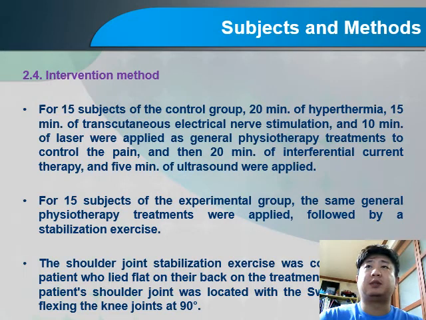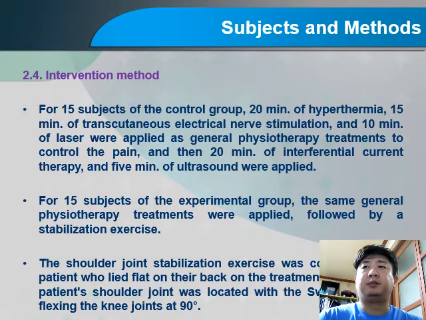Intervention method. For the 15 subjects of the control group, 20 minutes of hot pack, 15 minutes of transcutaneous electrical nerve stimulation, and 10 minutes of laser were applied as a general physiotherapy treatment to control the pain.